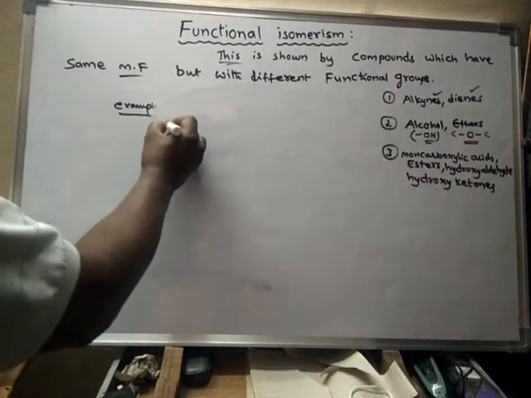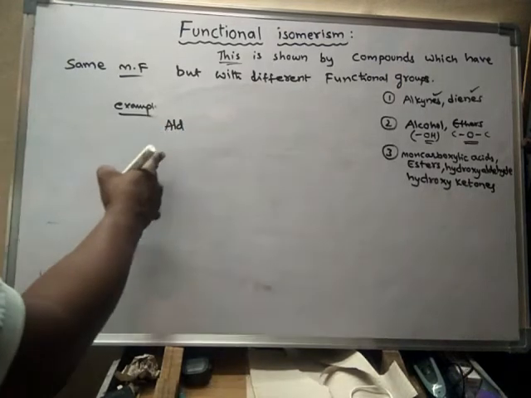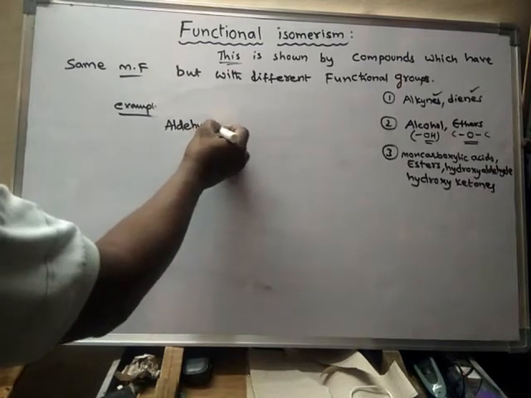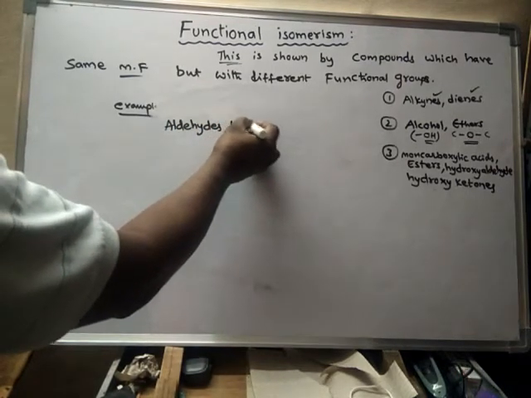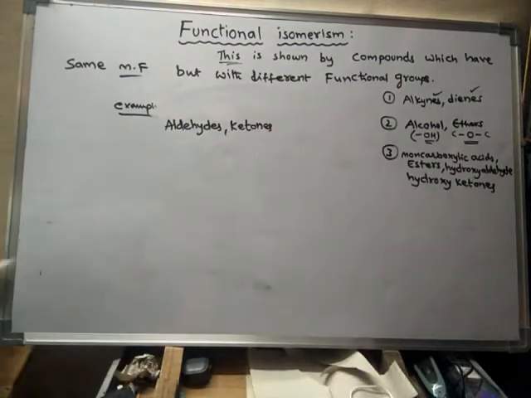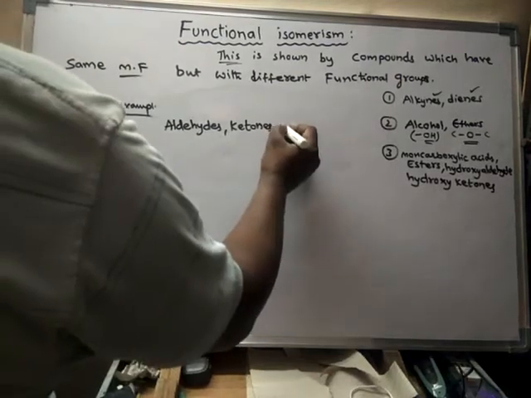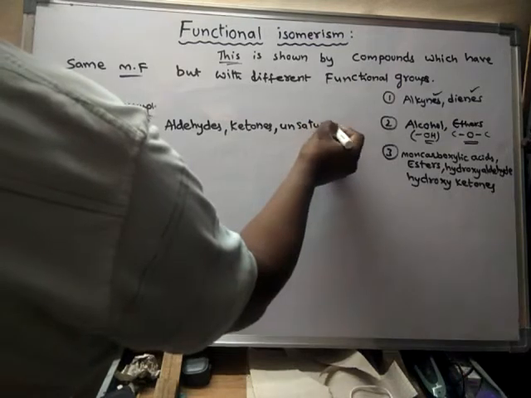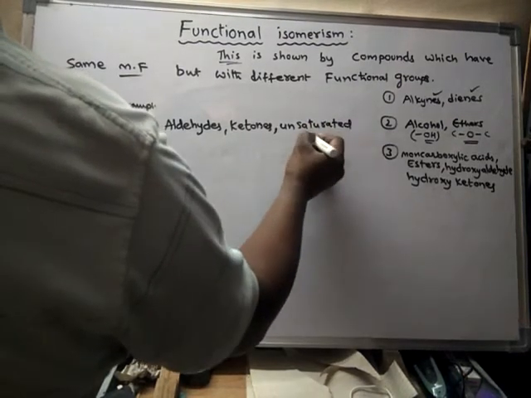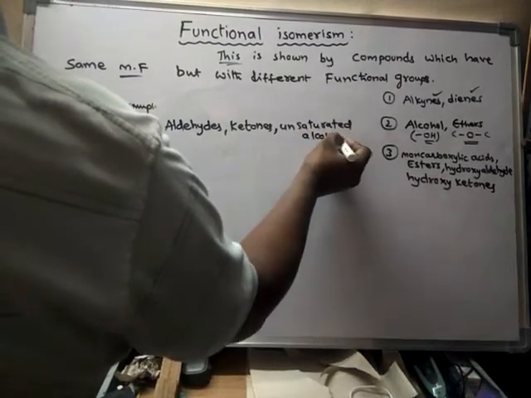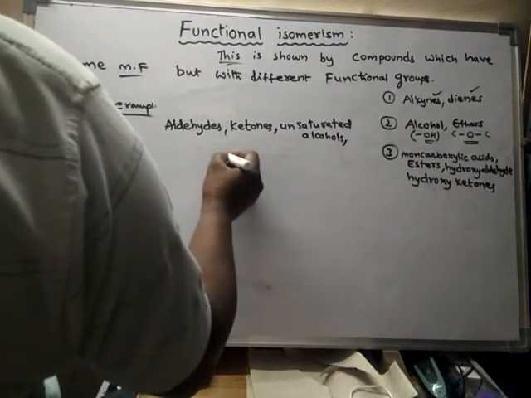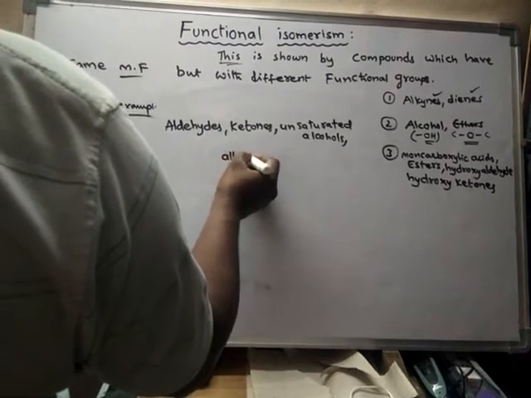Aldehydes, not hydroxyaldehydes, only aldehydes. Aldehydes and ketones are functional isomers to each other, and even unsaturated alcohols and alkene oxides.